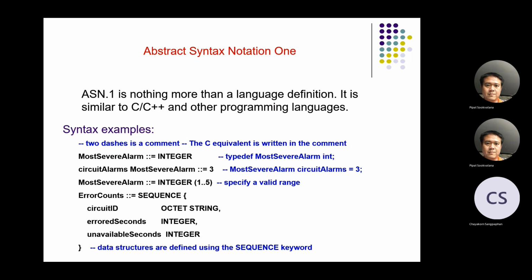For example, most severe alarm is an integer. So this type is integer.